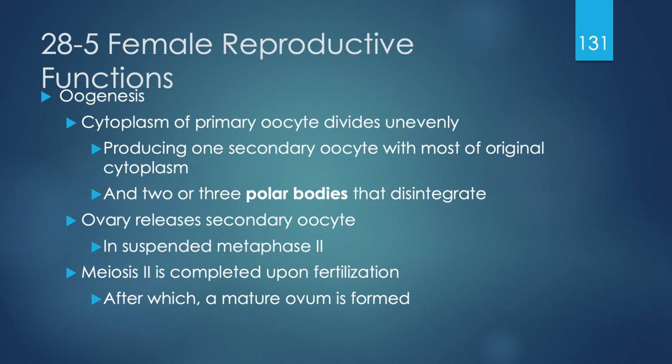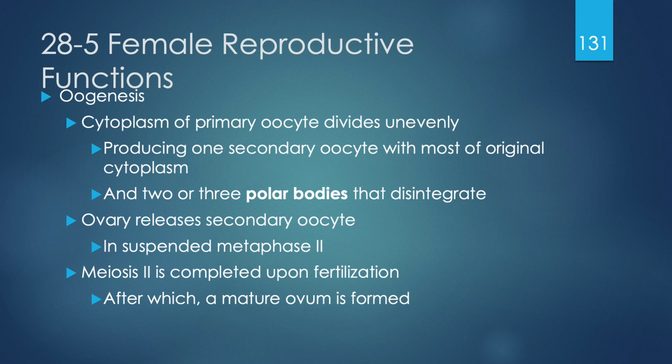In oogenesis, the cytoplasm of the primary oocyte will divide unevenly. It will produce one secondary oocyte that has most of the original cytoplasm, and it produces 2 or 3 polar bodies, which are just these little ancillary side guys that will disintegrate. The ovary will then release the secondary oocyte, which is in a suspended stage of metaphase 2.